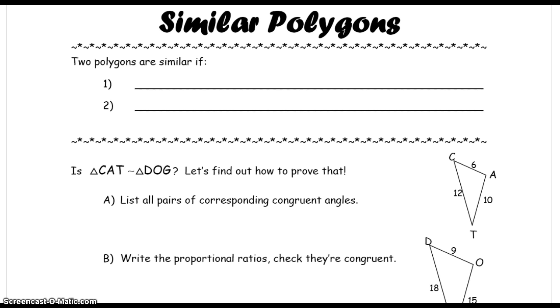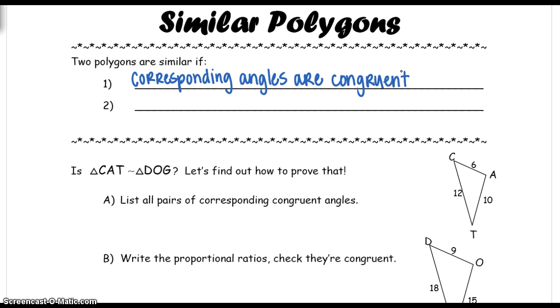So two polygons are similar if their corresponding angles are congruent, okay?